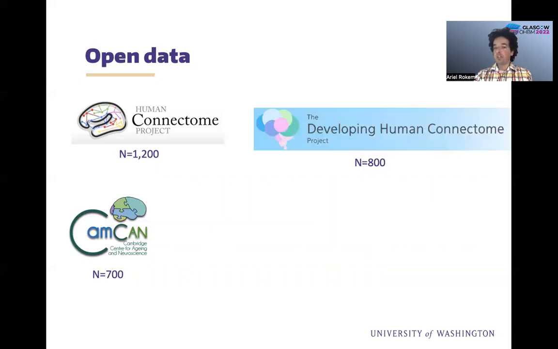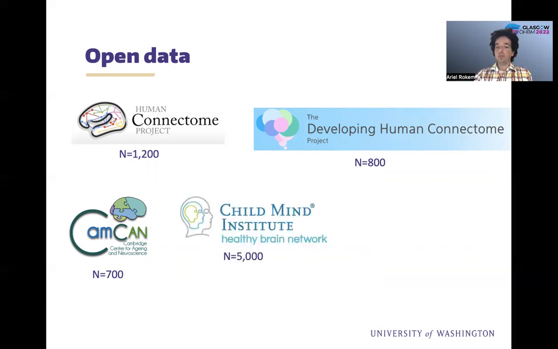The Developing Human Connectome Project has measurements from infants, neonates, and they've measured approximately 800 individuals, and you'll hear more about neonatal and infant imaging later in the course from Mariam Grotheer. If you're interested in children and adolescents, there are several datasets.